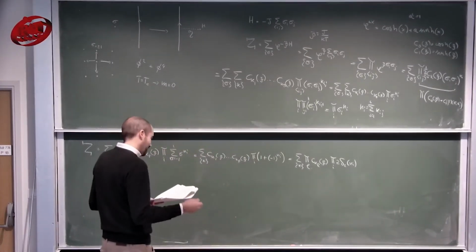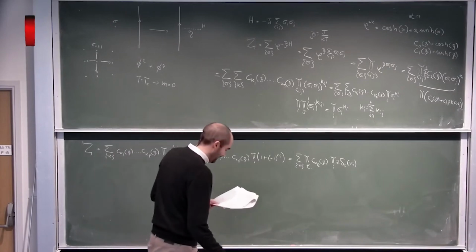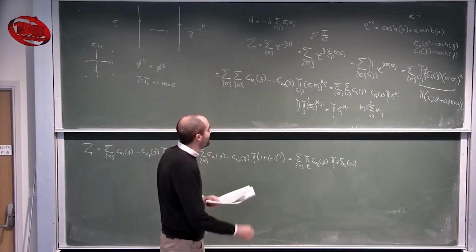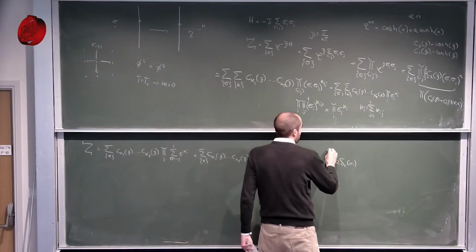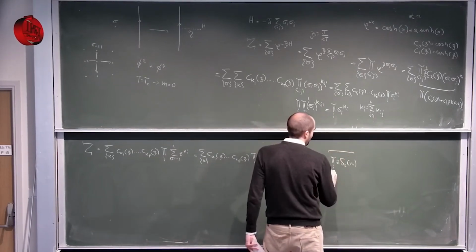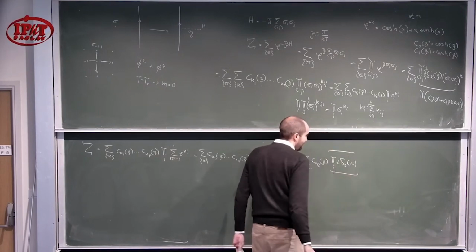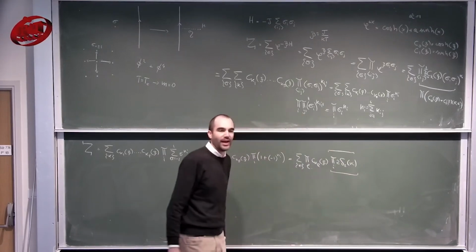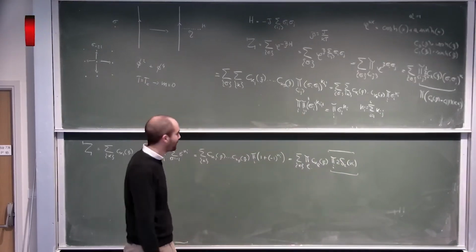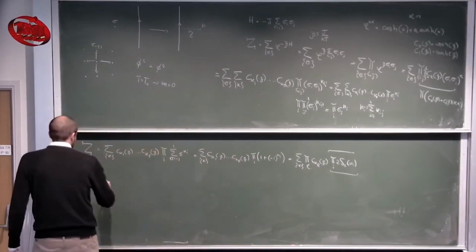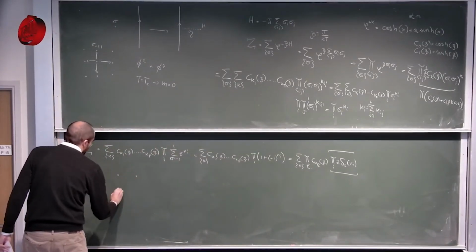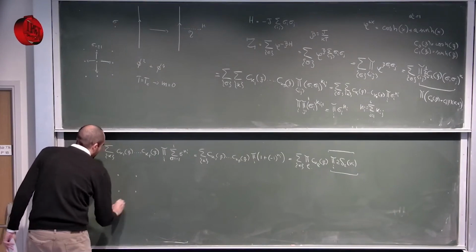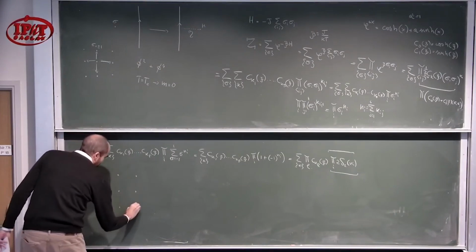Okay, now, this was just algebra, but now comes a slightly more interesting part. What I want to do essentially is to construct a representation of my lattice that always satisfies this constraint, so I don't have to keep track of it. And there is a clever geometric construction by Kramers and Wannier that does it.